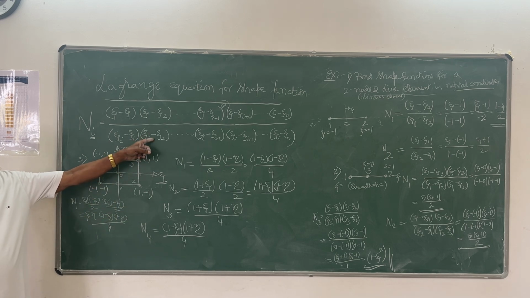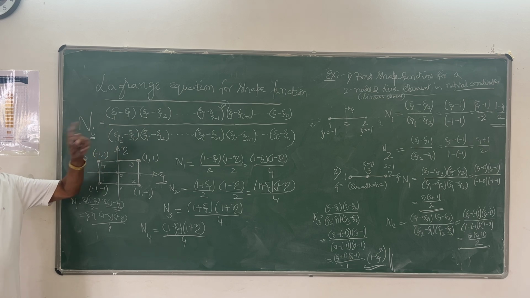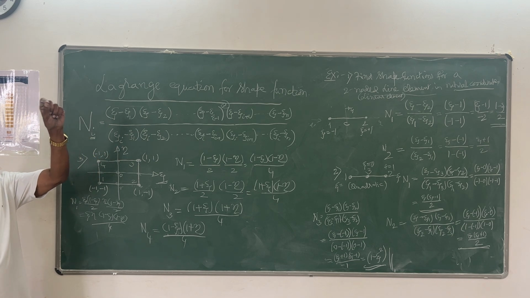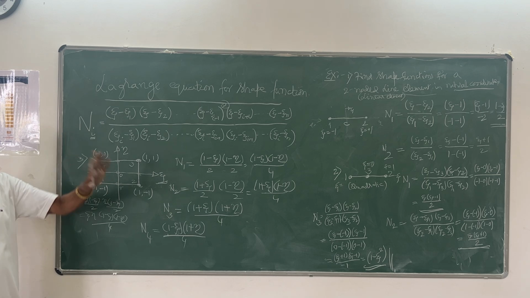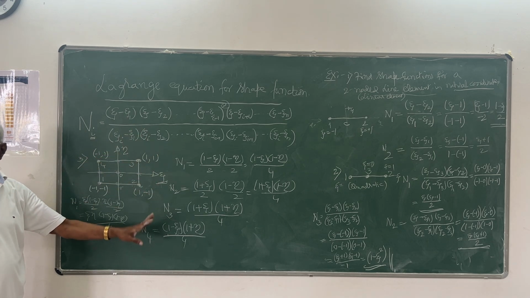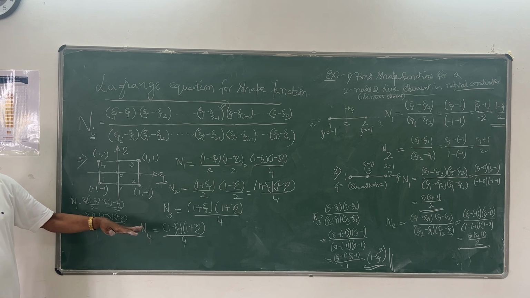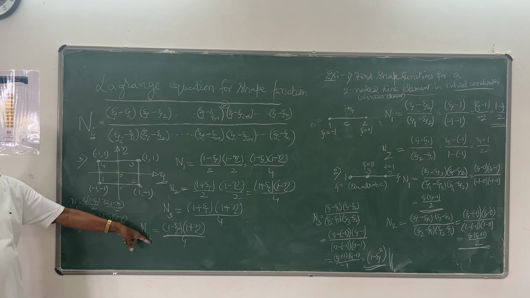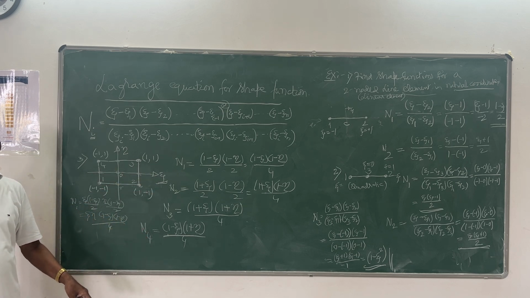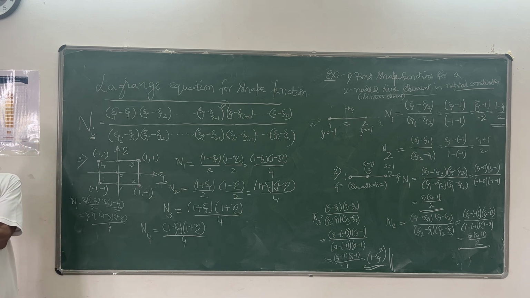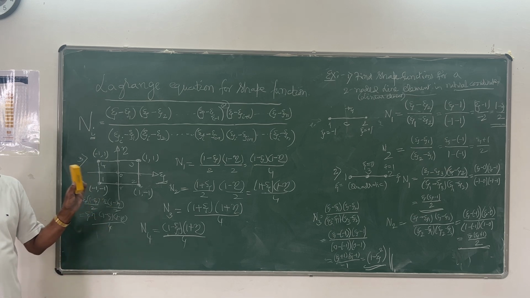The moment I told Lagrange shape functions, that first step of finding the element shape function becomes easier for problem solving. The relevant strain displacement matrix you can take. The moment you get the shape functions, u at any point is N into nodal displacement d. Then take appropriate strain equations, write the D matrix, then find the stiffness.